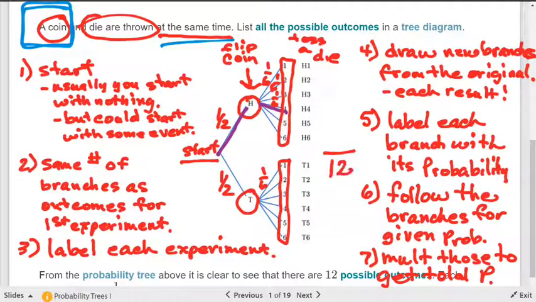That means that if you're just counting straight probability right across, it's out of 12, right? But if you have specific probabilities written, then you multiply those. And you end up with the same number. 1/2 times 1/6 is 1/12. So, either way you do it, list the sample space and multiply.